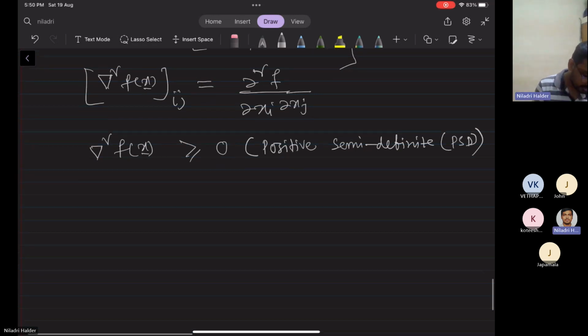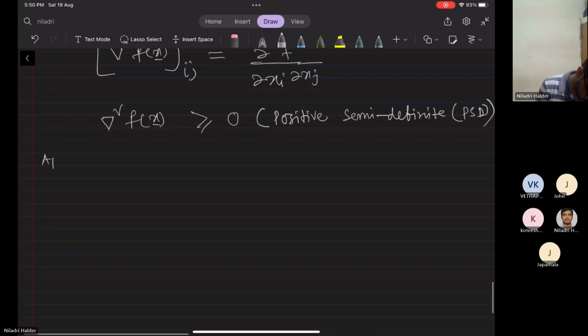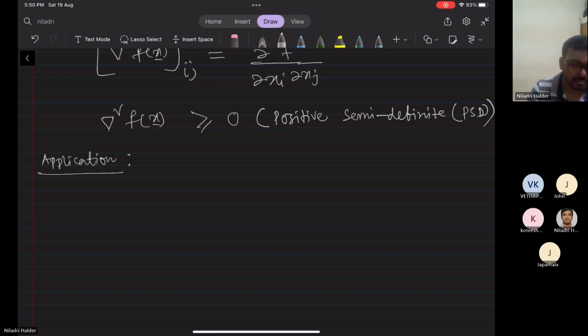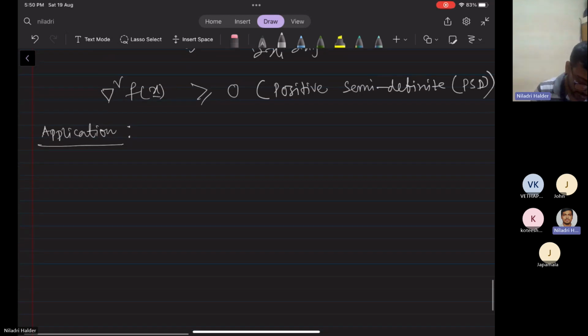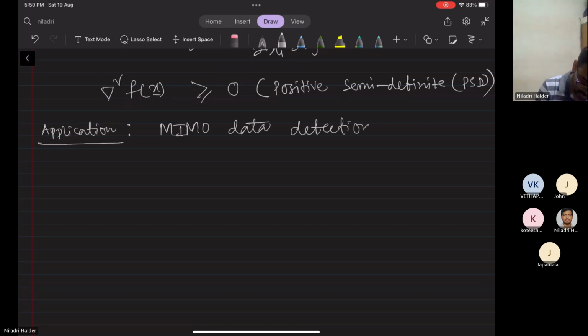Okay. So then on application he has also mentioned, yeah, the application is MIMO data detection. MIMO means multiple input, multiple output.